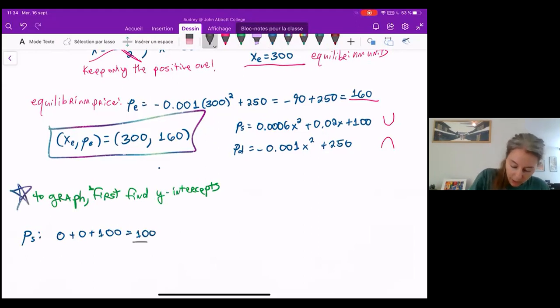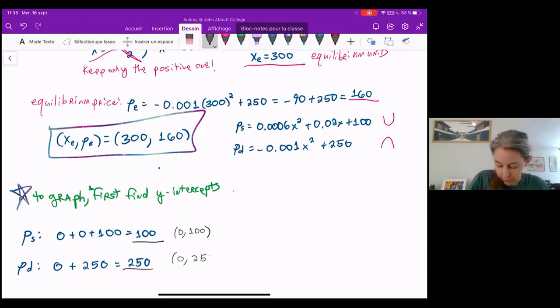So when I plugged in 0, I got 100. What that means is my y-intercept is 0, 100. And for my demand function, I get 0 plus 250, which gives me 250. So my y-intercept here is 0, 250. And so now I can graph this.